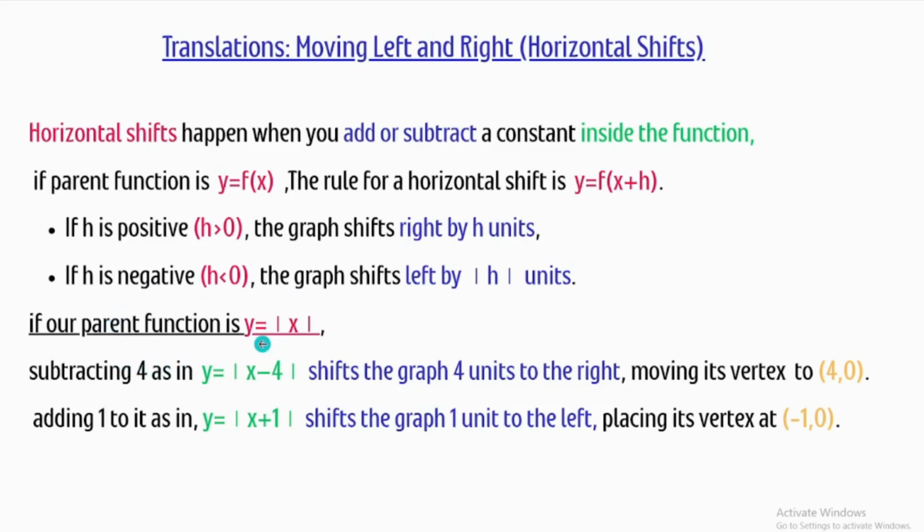If the parent function was y equals absolute x, subtracting 4 from x, see here, we subtract inside the absolute value, shifts the graph 4 units to the right, moving the vertex to (4, 0). Adding 1, y equals absolute x plus 1, shifts the graph 1 unit to the left, placing the vertex at (-1, 0).